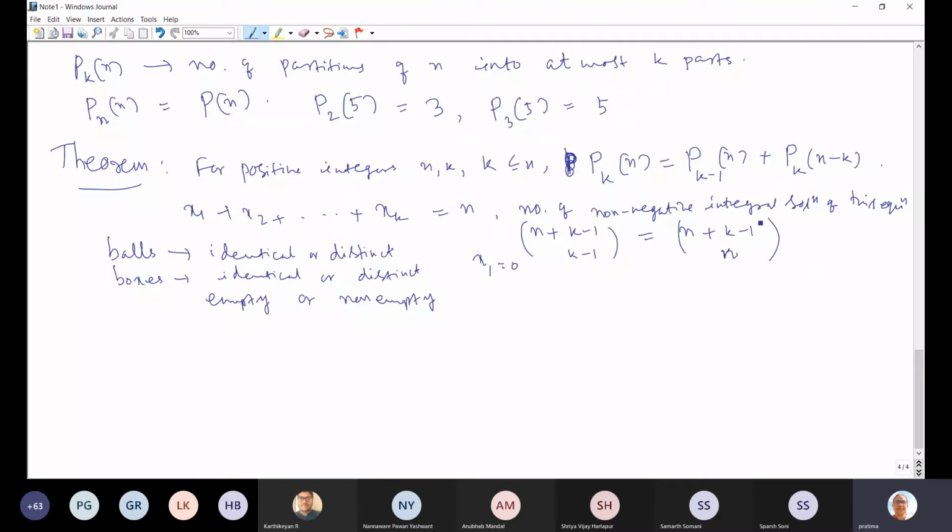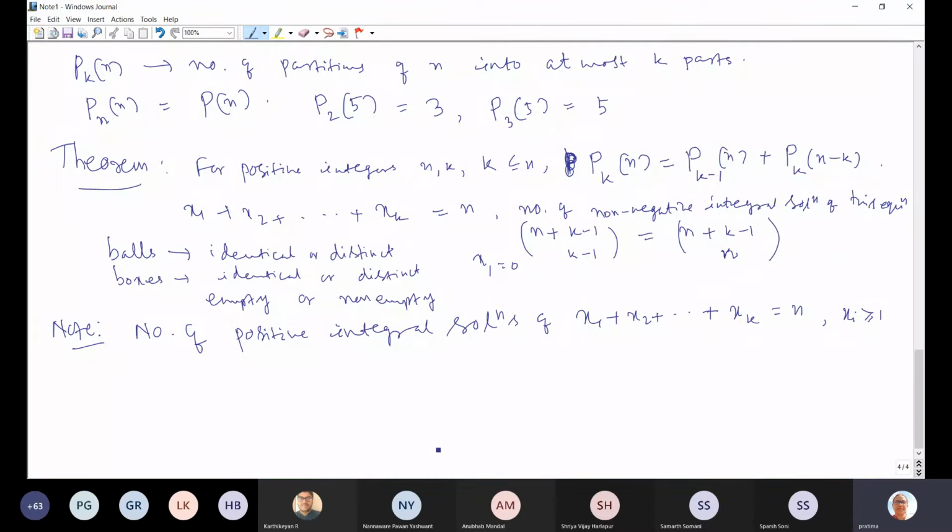If I consider the number of positive integral solutions of the equation x1 plus x2 plus up to xk is equal to n, that means xi is greater than or equal to 1.